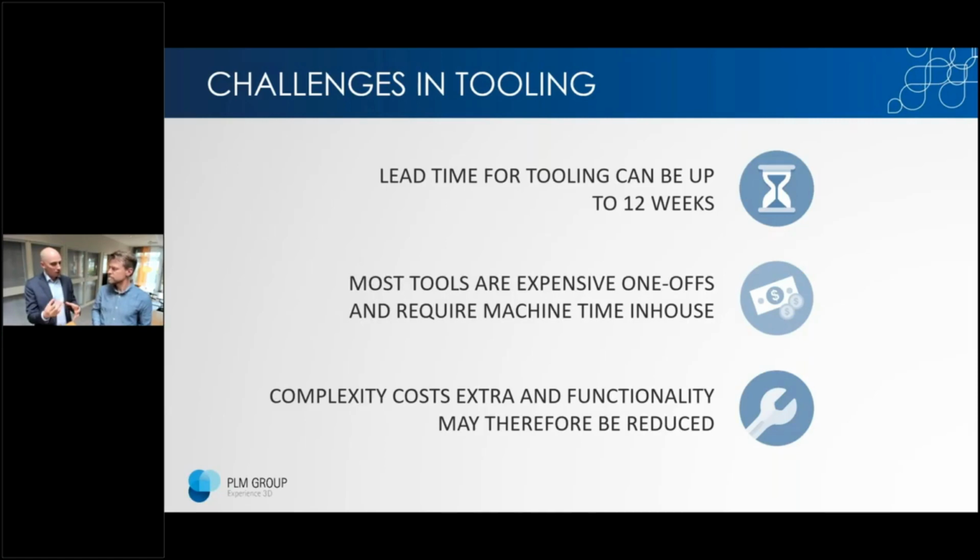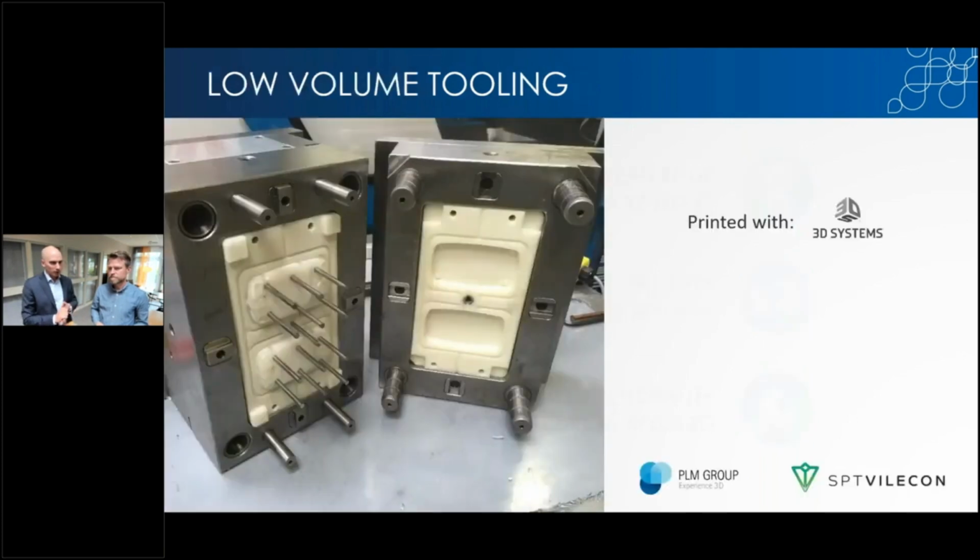Not everyone is willing to pay for it, so they don't do it. They get a tool with potentially lower production quality, and capacity is lower, and that may affect, of course, the end-use product. So this is just some of the things we see when we talk about tooling with our customers.